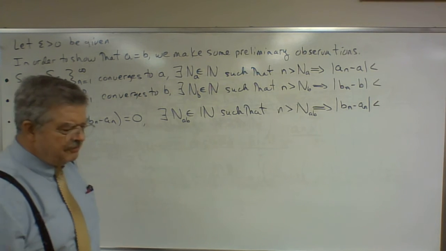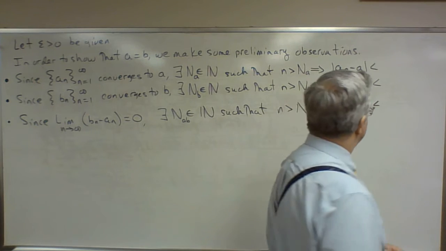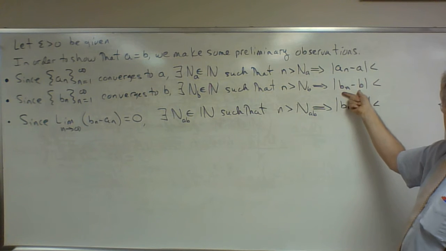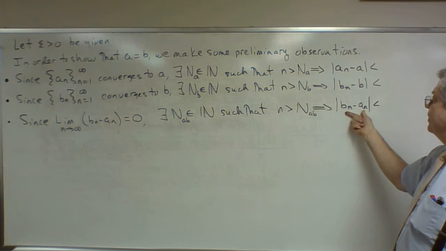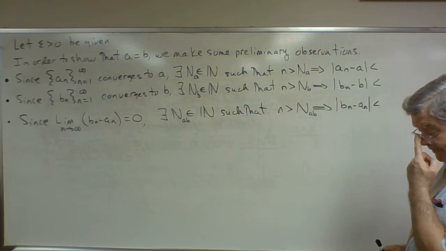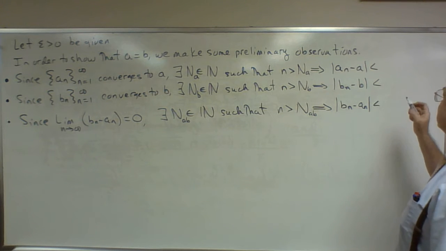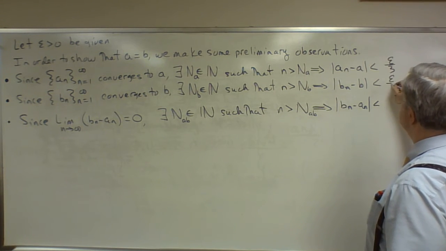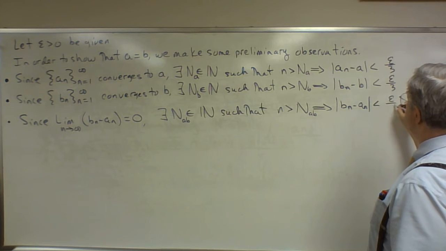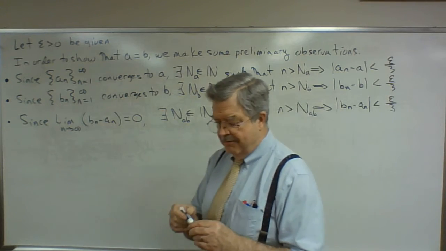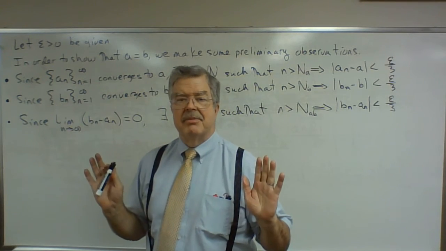And let's see, just exactly how close do I want A sub n and A to be? How close do I want B sub n and B to be? How close do I want B sub n and A sub n to be? It turns out that if I make each of these smaller than epsilon over 3, everything will work out wonderfully and we'll live happily ever after.